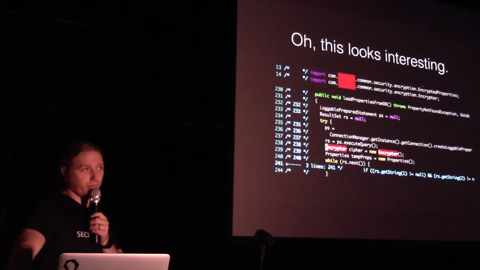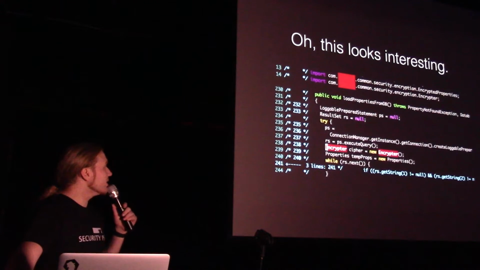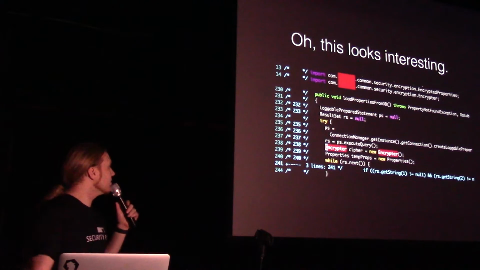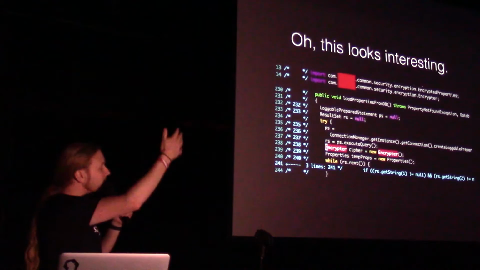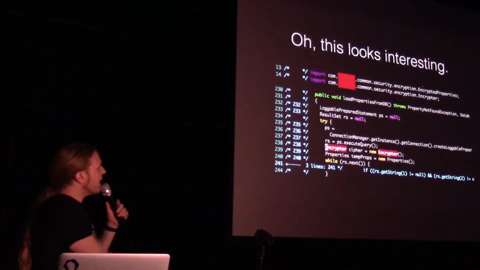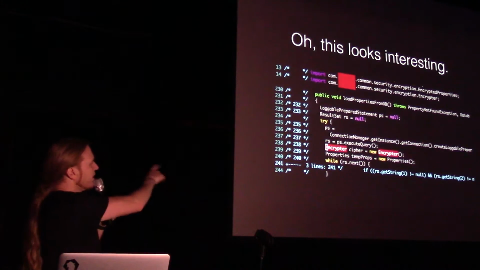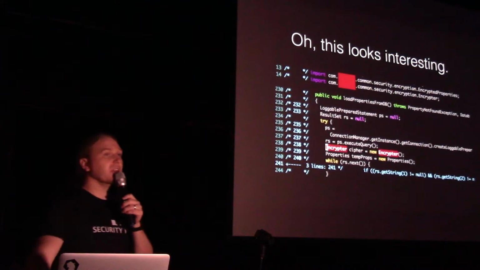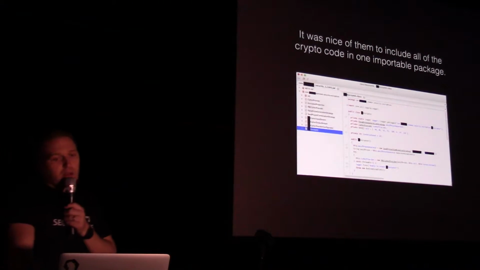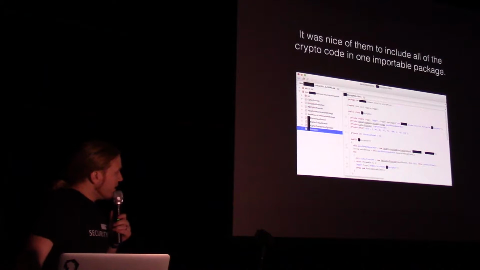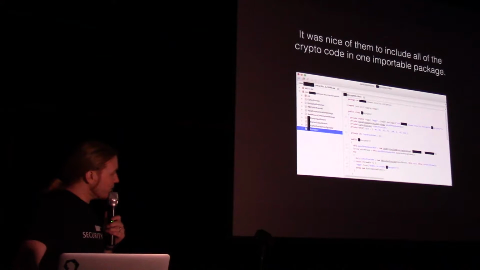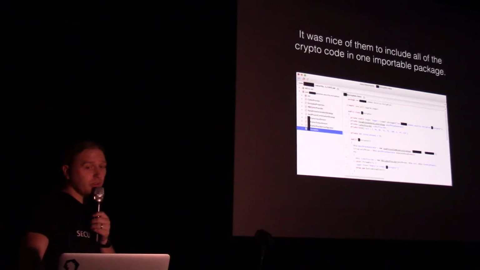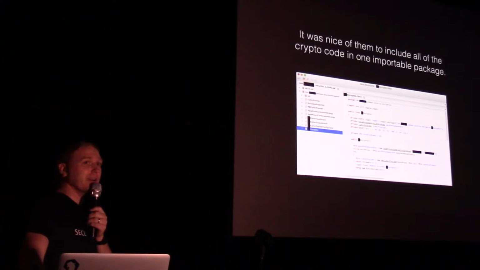We're looking at encrypted data. We want to see if we can decrypt this. So you can see load properties from DB. There's an actual object that's instantiated there, and what you can't see in the lines is the actual call that gets made to decrypt the data. The other cool thing about this particular project was that all the crypto code was included in one importable jar file.